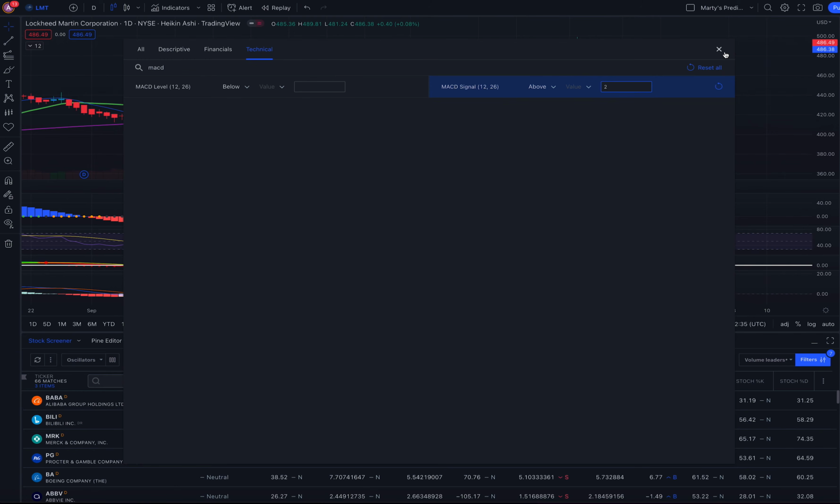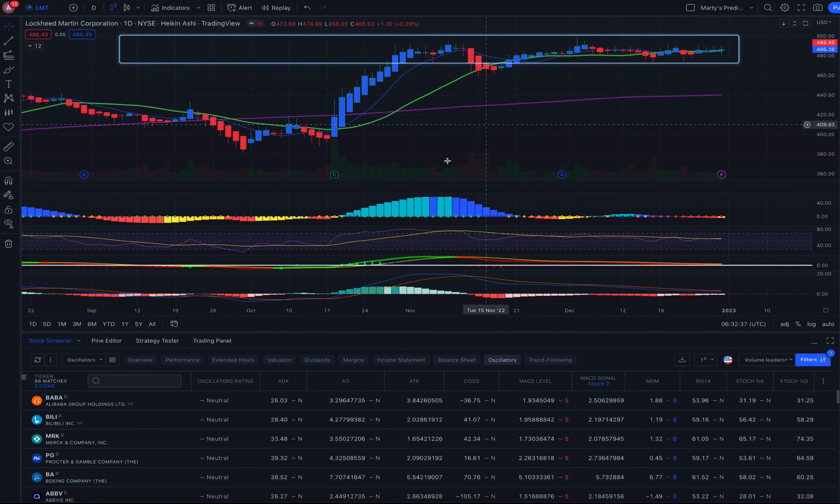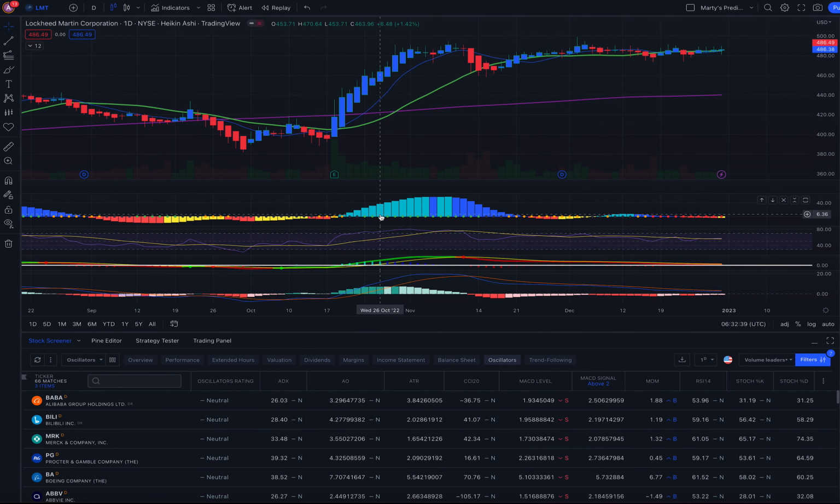I've just found that this finds stocks that tend to have a little bit more oomph in them. Their go-go juice is going in the right direction. I know, technical terms. But anyways, I like the results of this scan.